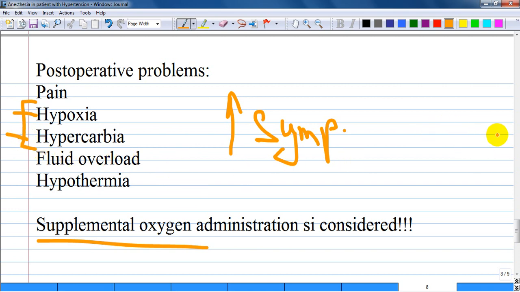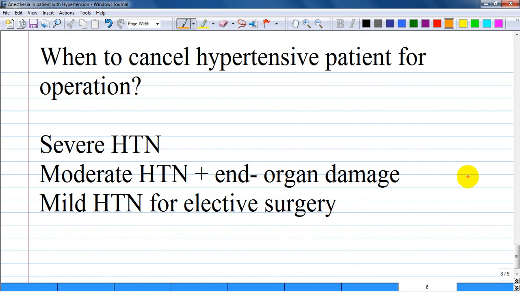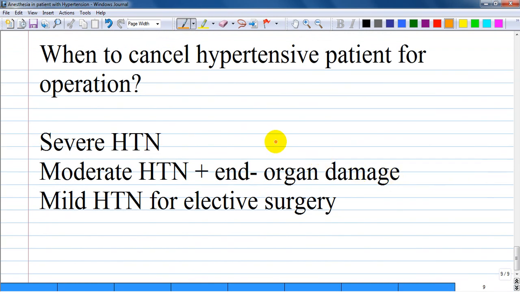When to cancel a hypertensive patient for operation, and should you do this? Of course, if the patient has severe hypertension, the main thing is to prepare the patient first and after that go for anesthesia.